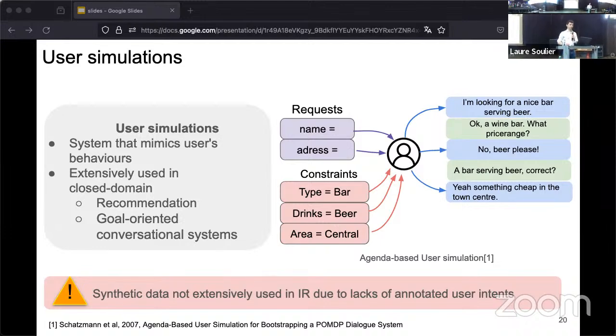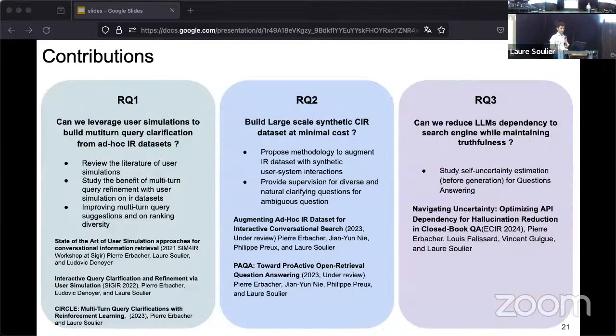But when I started my thesis, the commonly used user simulation was agenda-based user simulation, where they use specific features or attributes in the constraint, for example. But in information retrieval, we don't have annotated user intents within the datasets, so it's much more difficult to manage.